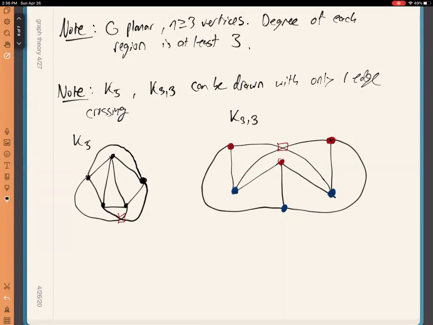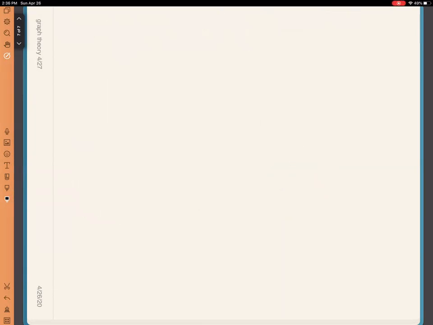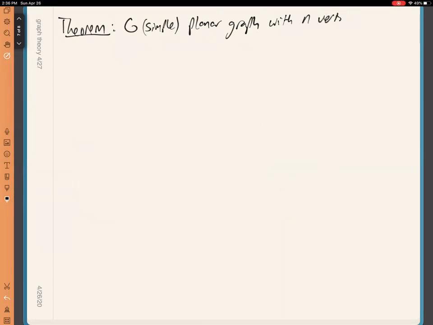Okay, and so I want to end the lecture today with a theorem which builds on some of the ingredients we've been talking about so far. Another theorem about planar graphs. Let's suppose that G is a simple planar graph with n vertices, where n is bigger than or equal to 3.